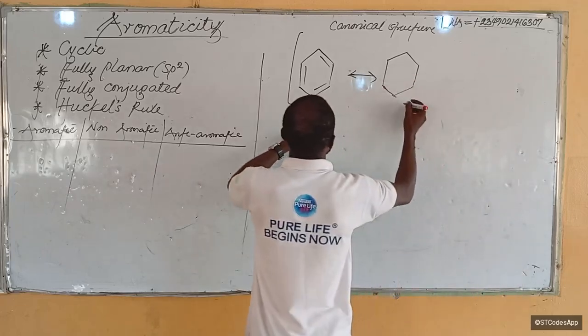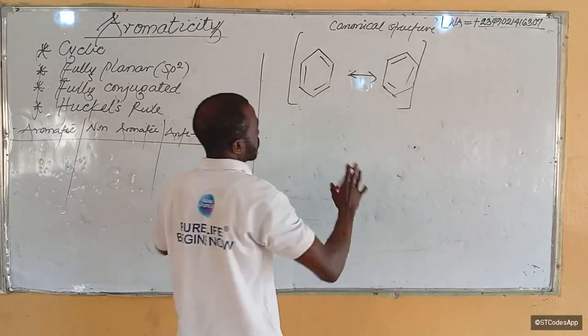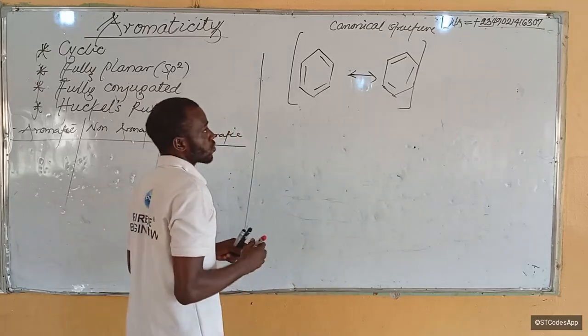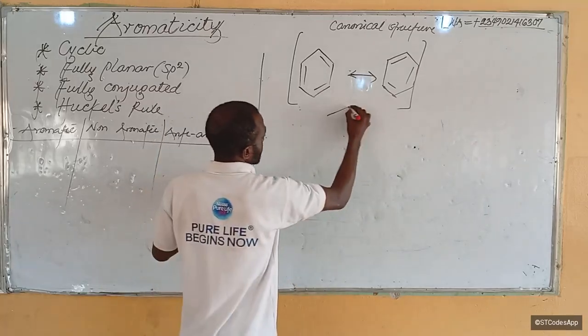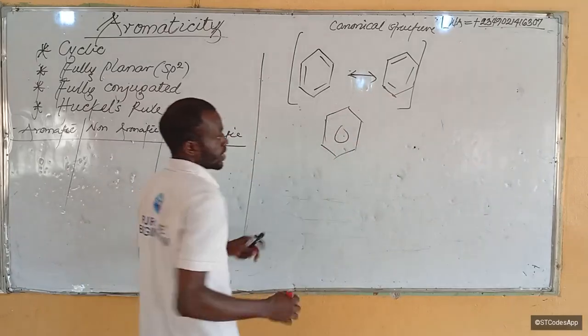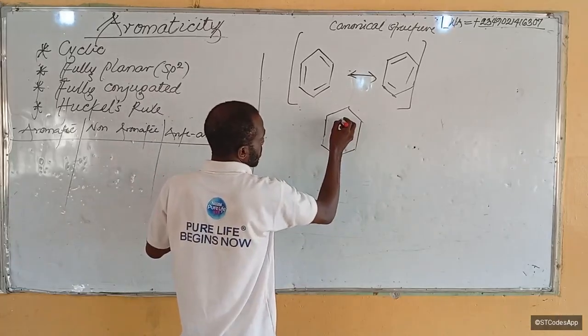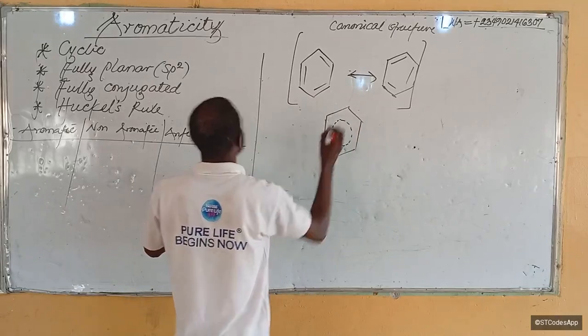This is the way we draw them, so that you know resonance occurs among them. Because of that, we use the resonance hybrid, which is what actually happens. The circle you see in the middle shows that the pi bonds are fully delocalized.